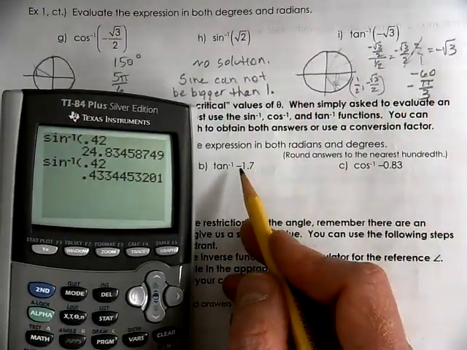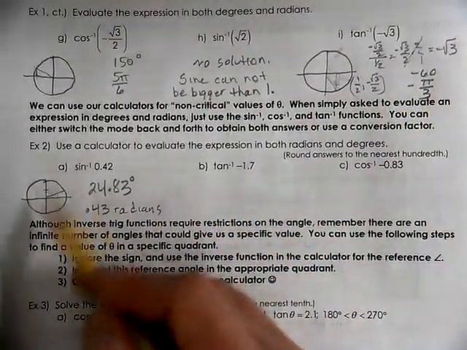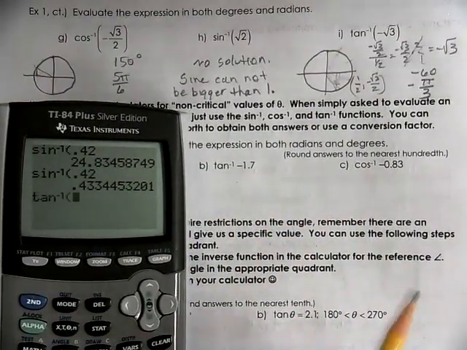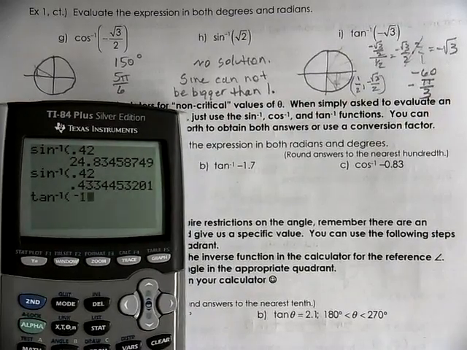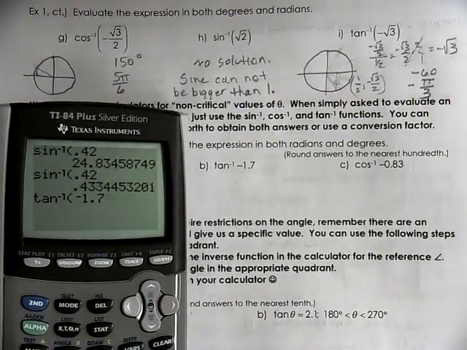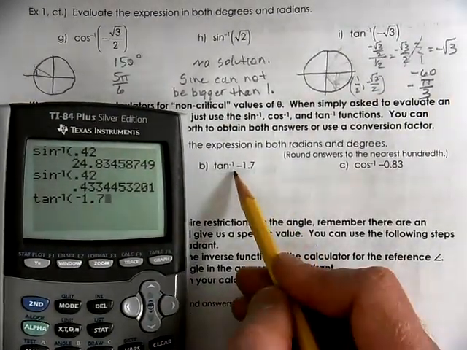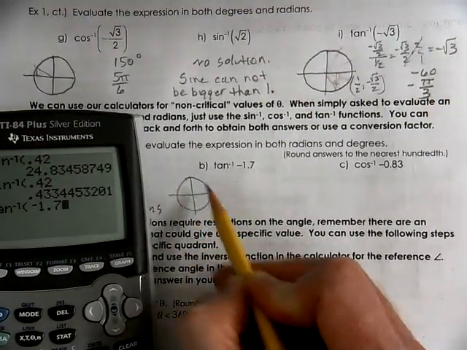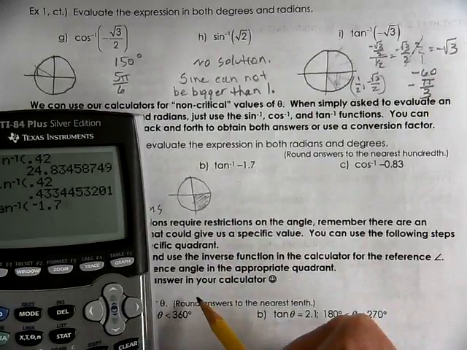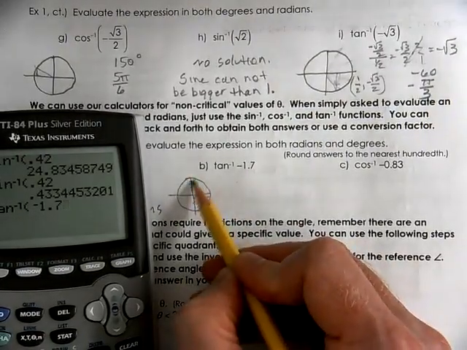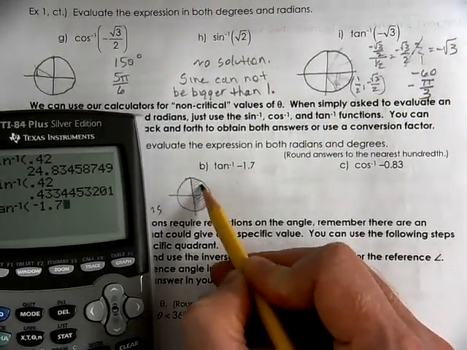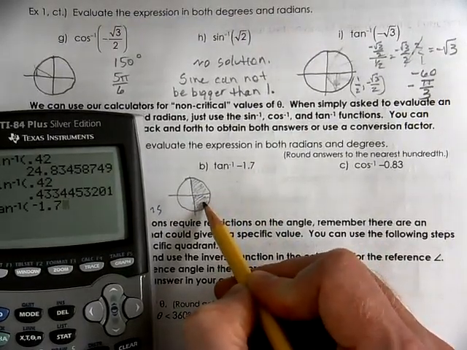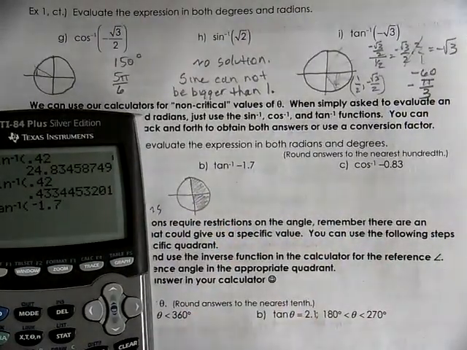Tangent, that's a little harder to represent with a circle. So we do tangent inverse of negative 1.7. I'm expecting to have a negative angle because it's negative. It's going to give us an answer down here in the fourth quadrant because tangent is first and fourth, but because it's negative, it'll be here in the fourth quadrant.